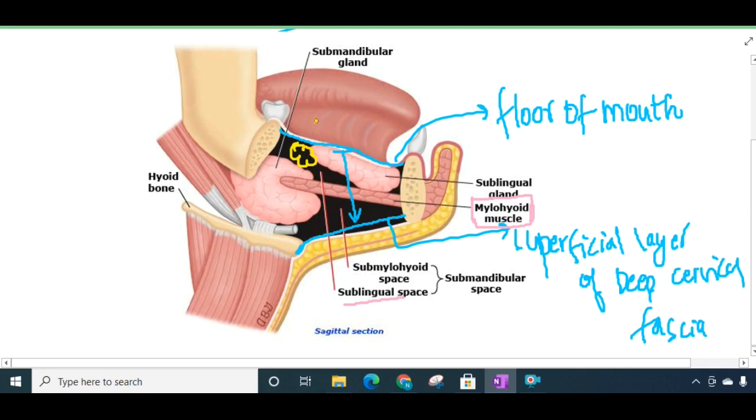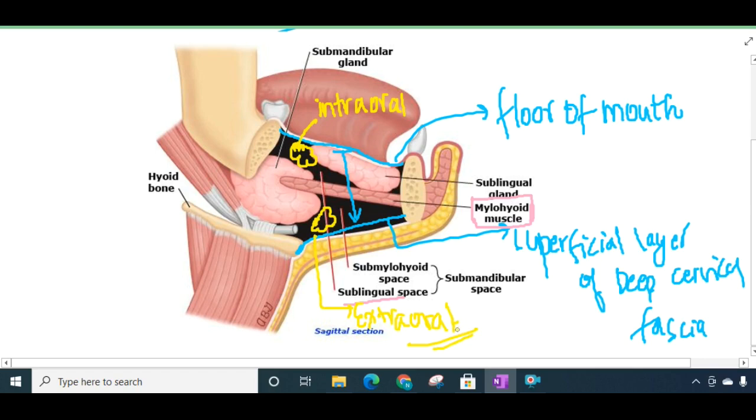So you will do it intraorally. If the infection is in the sublingual space, then you will have to give an incision intraorally if it is localized in the sublingual space. But if the infection or abscess is localized in the submaxillary space, then an extraoral incision should be given.